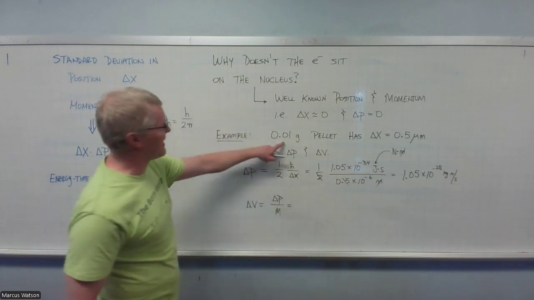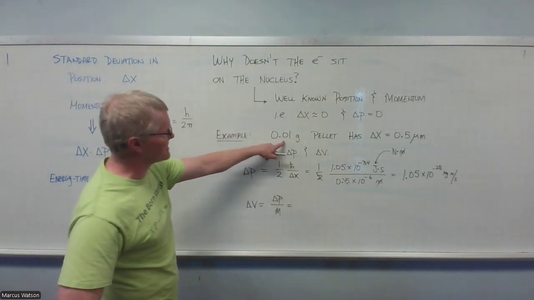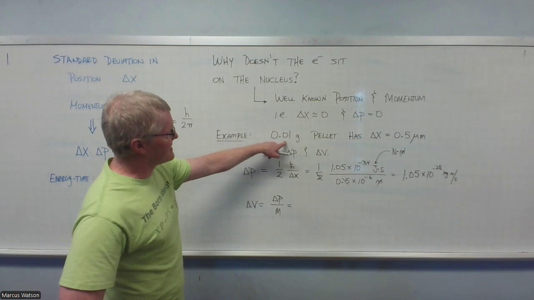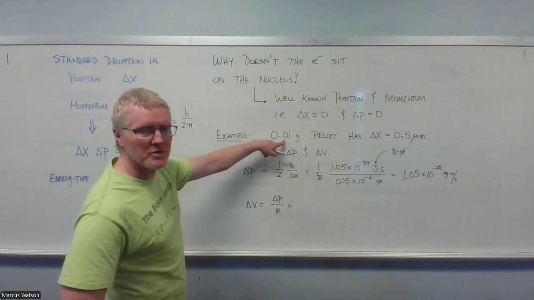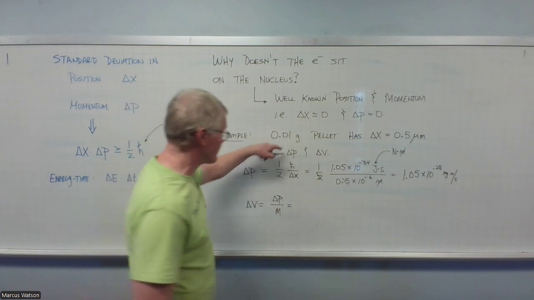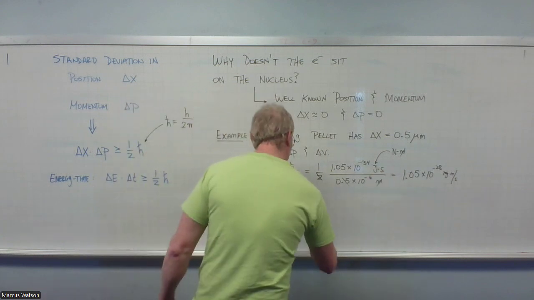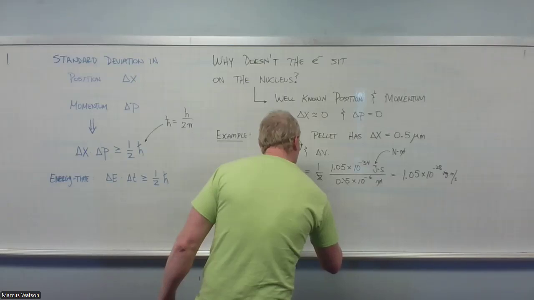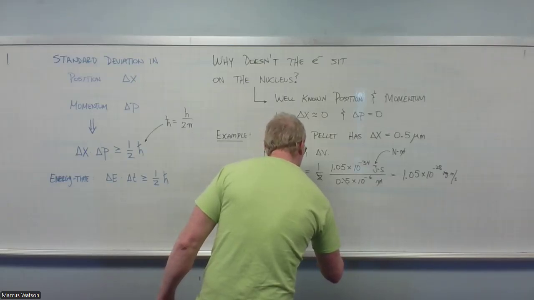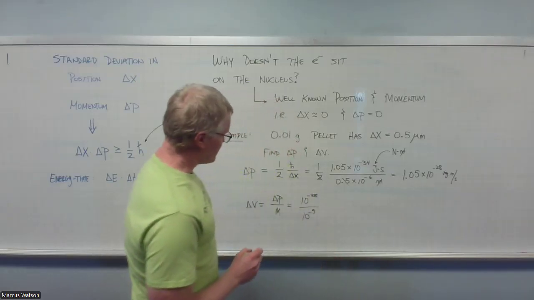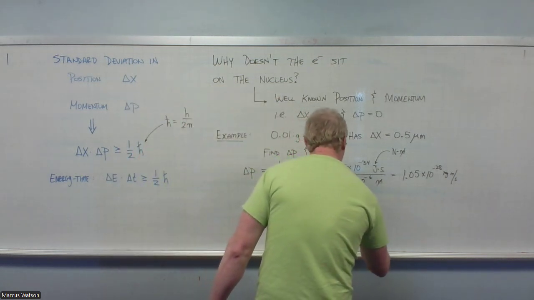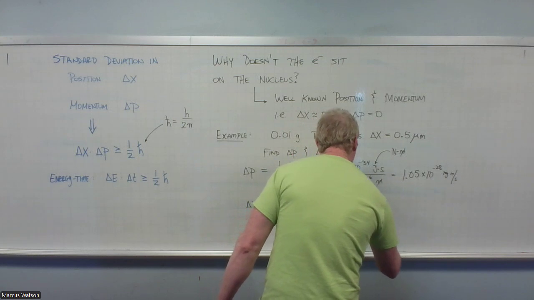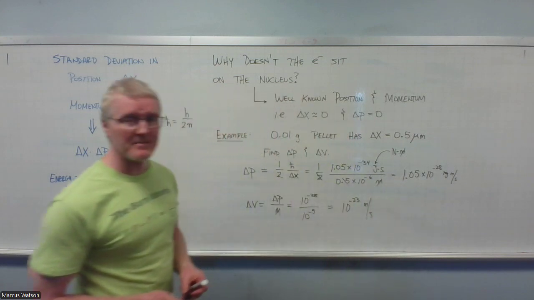That means I'm going to divide by the 0.01 grams, that's 10 to the minus 2, so this would be 10 to the minus 5 kilograms. So that's that number divided by 10 to the minus 5 kilograms, which puts us at 10 to the minus 23 in the velocity, or the speed, say, in meters per second.